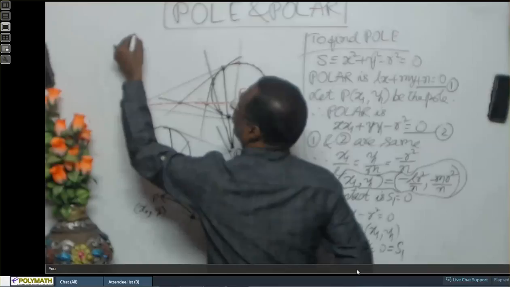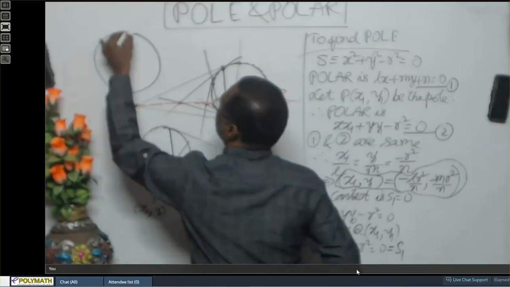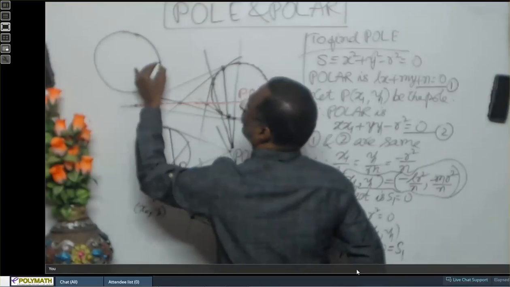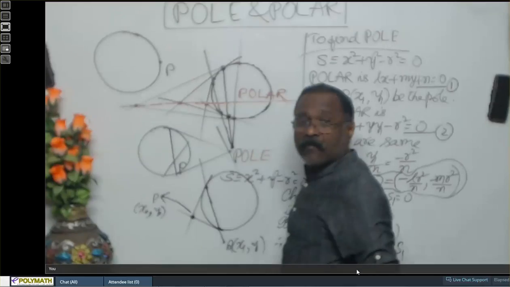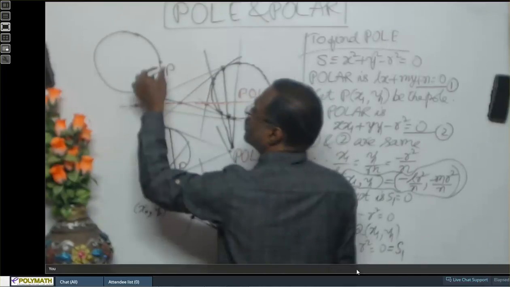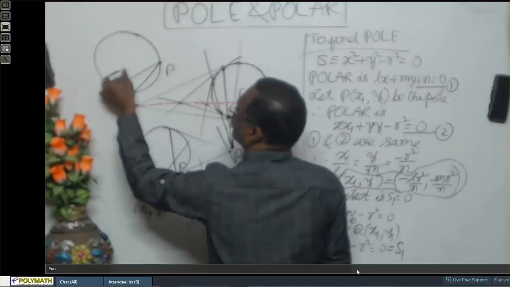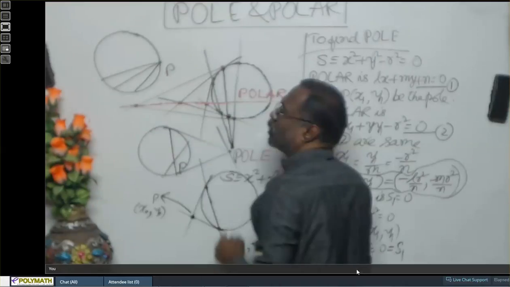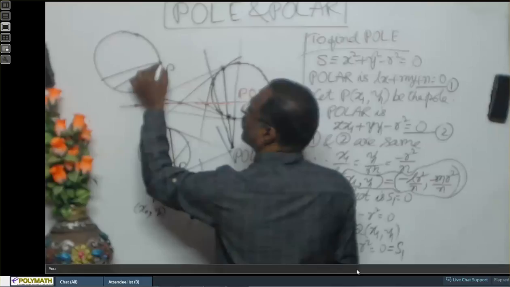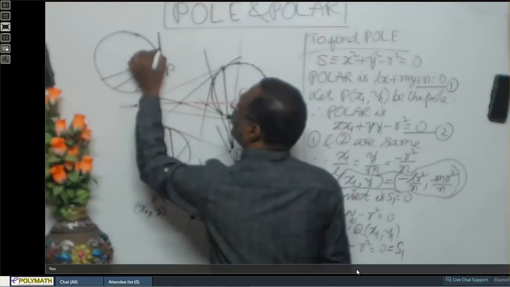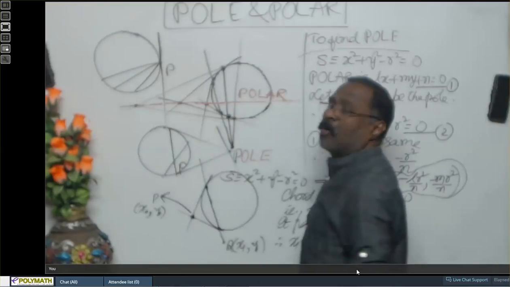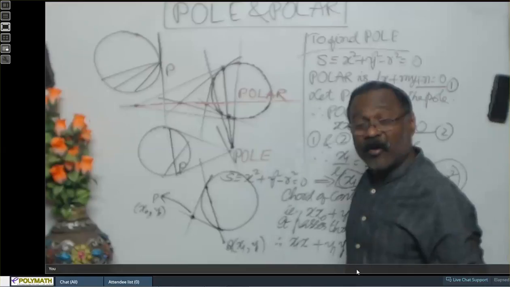If this is a circle, let me say, and this is the pole, let me say. Now through this pole, the chords will be passing through like this. Then what happens? This is one tangent drawn at the P. And you can draw only one tangent there because the point is lying on the curve now.